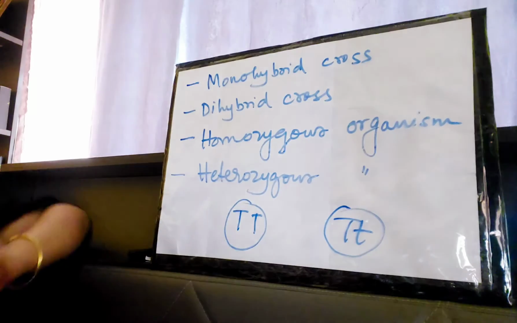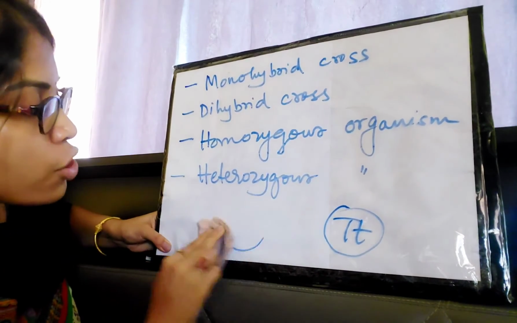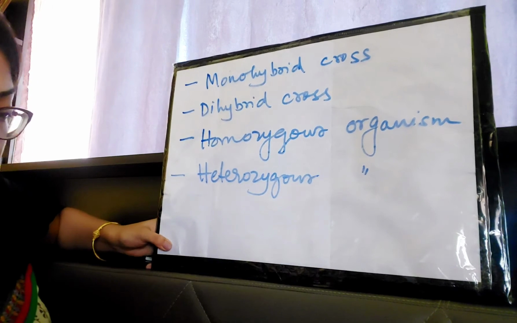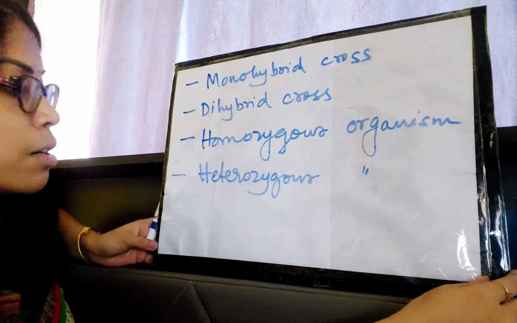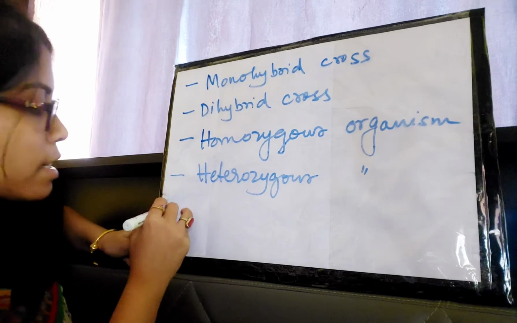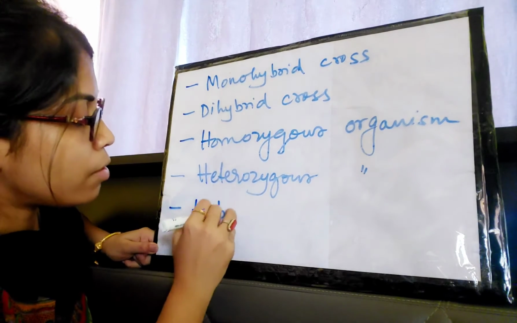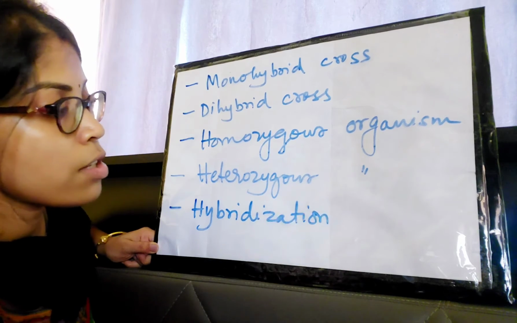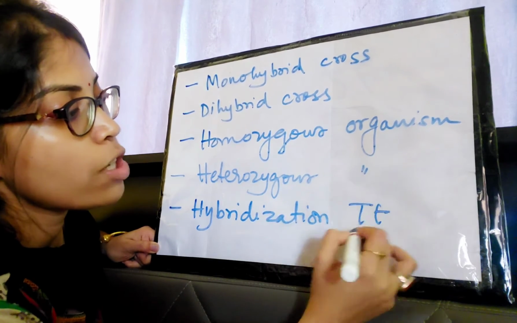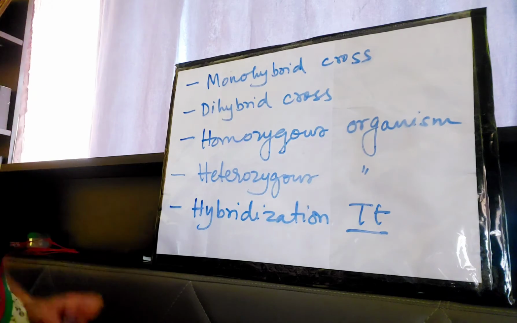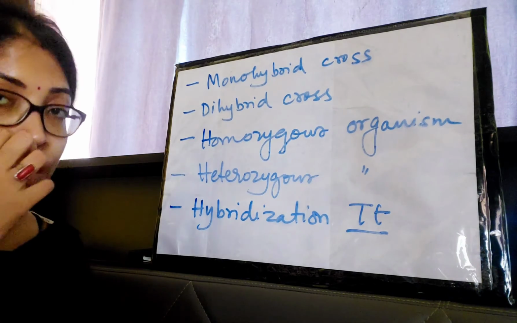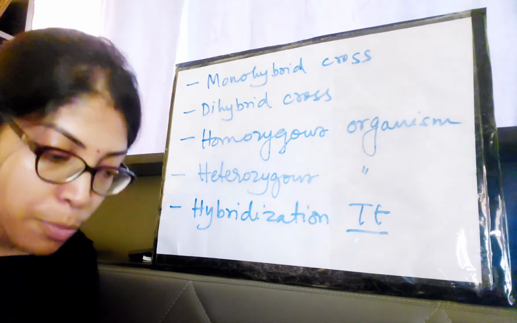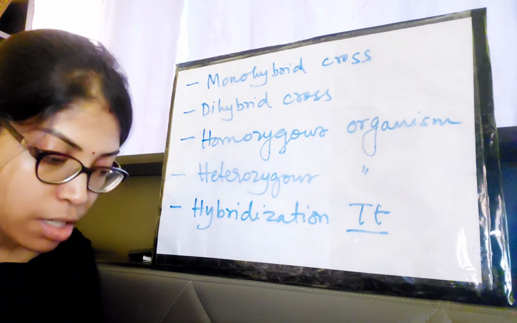Next term is very much related to homozygous and heterozygous. I have used this term previously, and it is known as hybridization. So while I was saying that capital T and small t is basically a hybrid tall pea plant, it is hybridization, that means mixture of two. Okay, it is a process of interbreeding between two genetically different individuals.